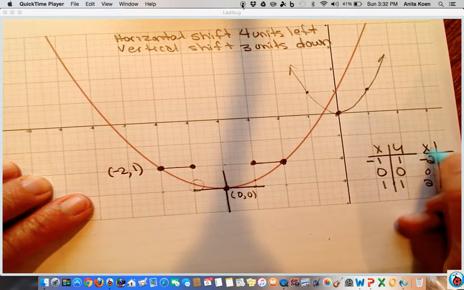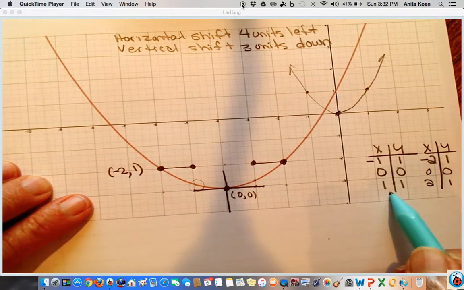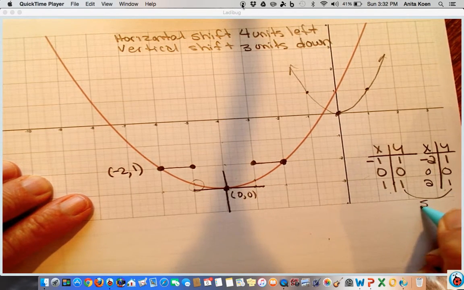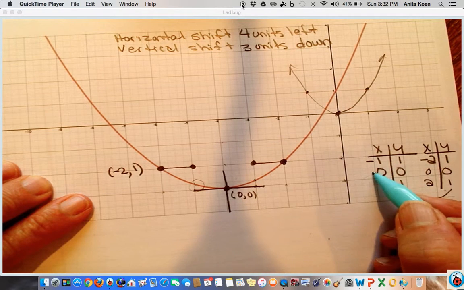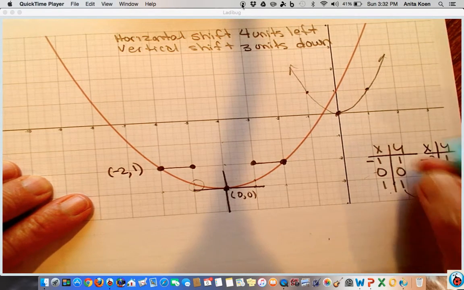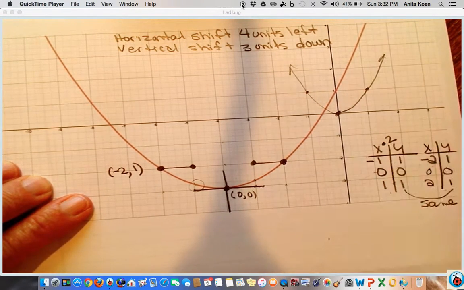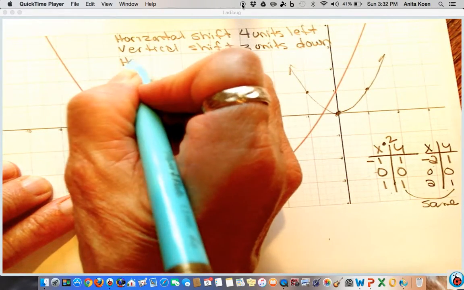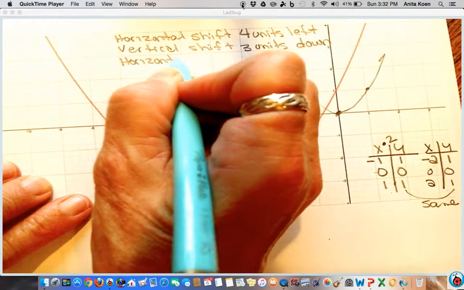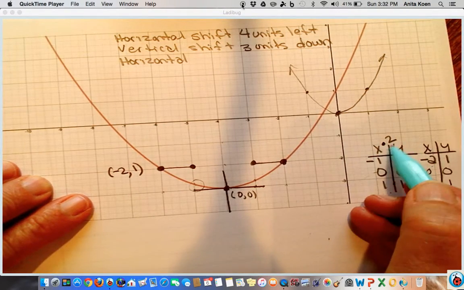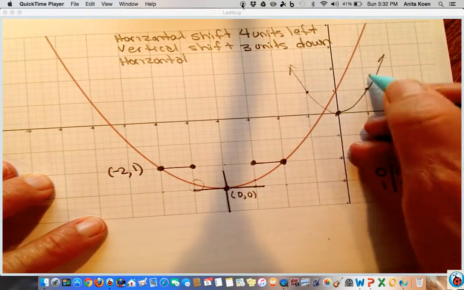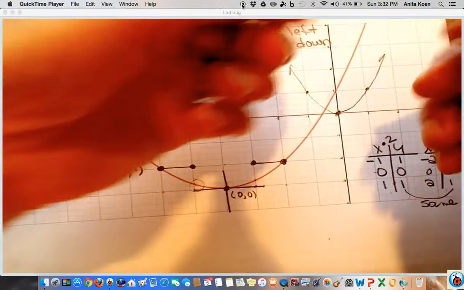So now I'm going to compare these two graphs. This is the parent function, this is my new function. And I'm going to say, look, the y values are the same. The x values have been changed. They've been multiplied by 2. And since I'm multiplying the x's, I know that's a horizontal change. Since I'm multiplying, I know it's a stretch or a compression, and I can look at this graph and tell that what I've done is I've stretched it out.